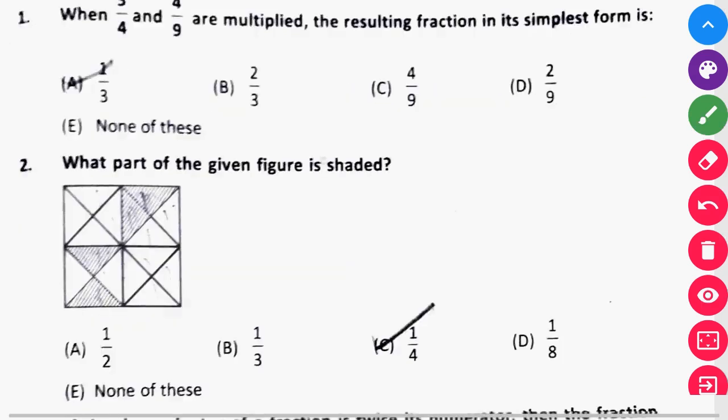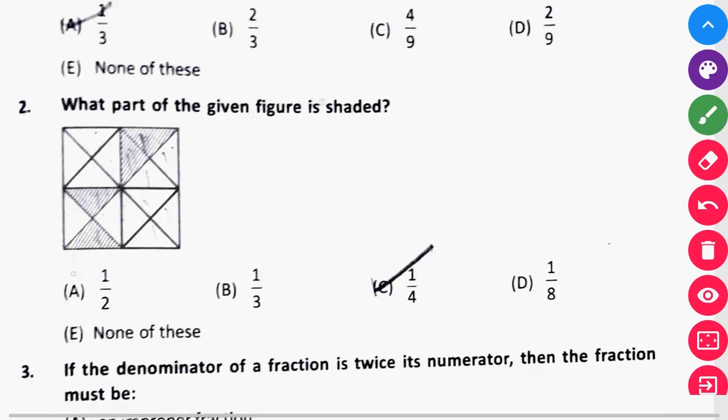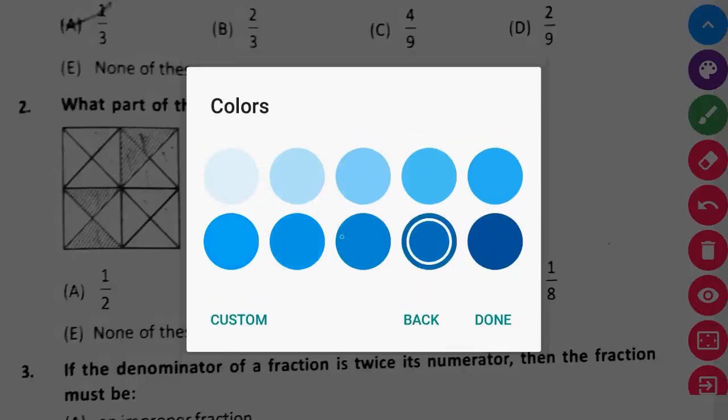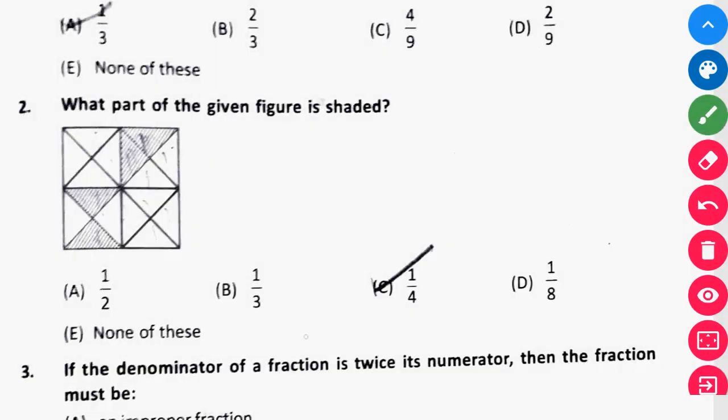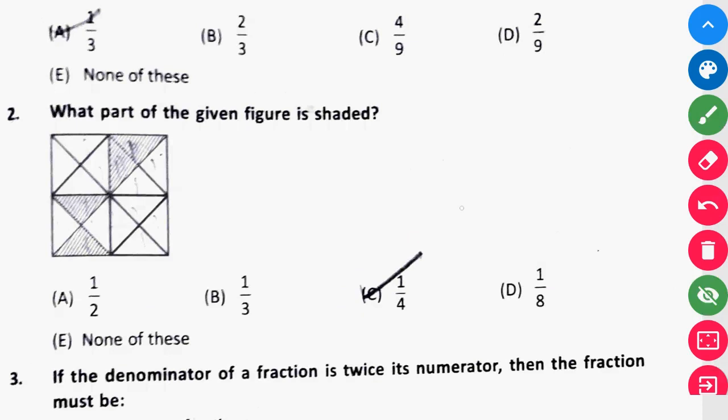Now if the denominator of the fraction is twice its numerator, then the fraction must be what? Now see, what is given you should write first.